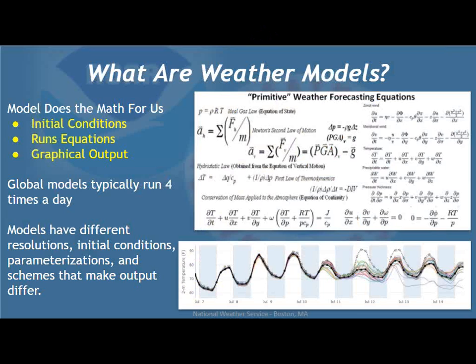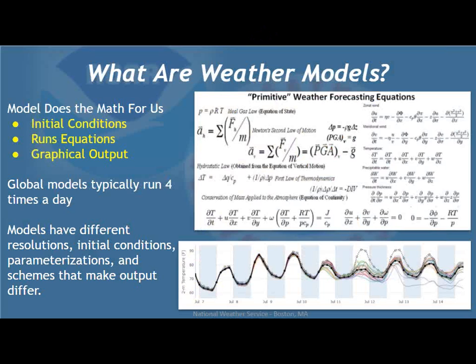Now, the global models that cover larger sections of the Earth, that's why they're called global, they typically run 4 times a day. But all of the different models have different resolutions, meaning they cover different areas. We have the global models that cover maybe the northern hemisphere or southern hemisphere. Then we have what are called the mesoscale models, which cover maybe a region like the Northeast, and high resolution models which maybe cover even smaller area like a state.